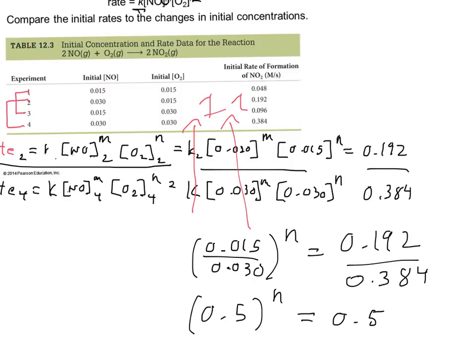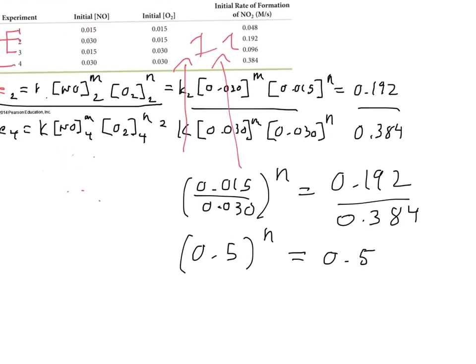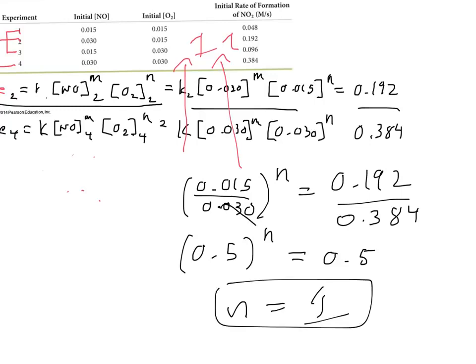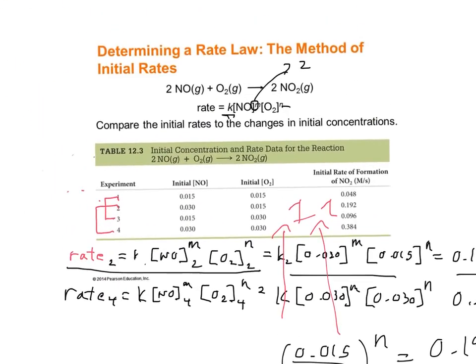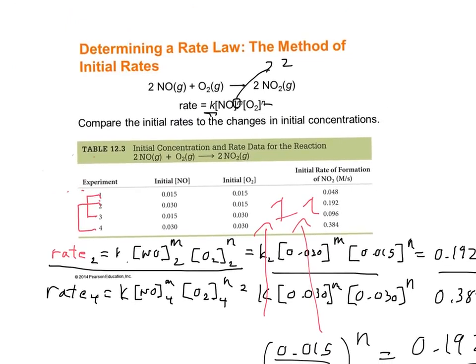So n must be 1. So now we know our reaction is first order in oxygen. So if we come up to our rate law here, we now know that the value for n is 1. So we've got a pretty good rate law going here.